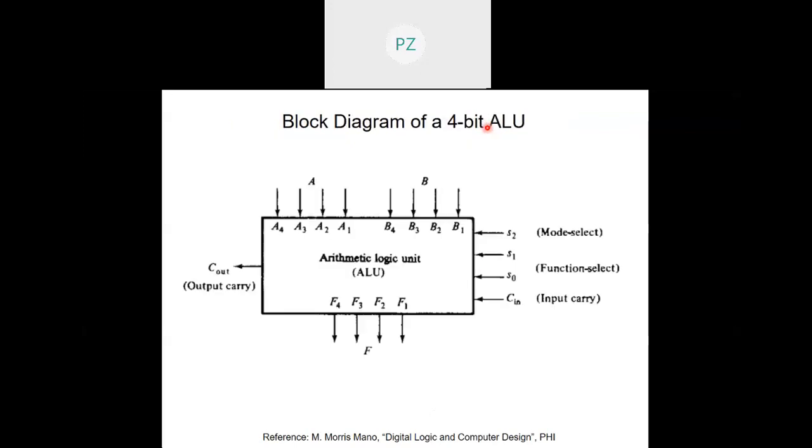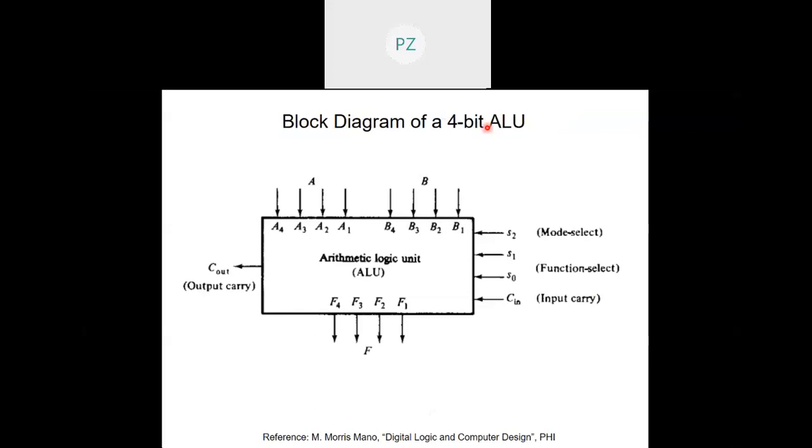Now let us move on to the design of a 4-bit ALU, arithmetic logic unit. We all know that a computer is essentially three blocks put together: a CPU, a memory, and an input output unit, right?